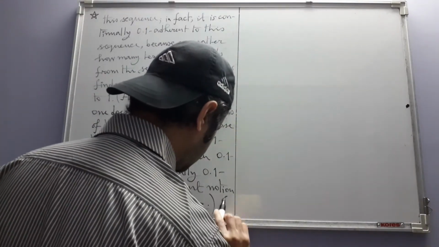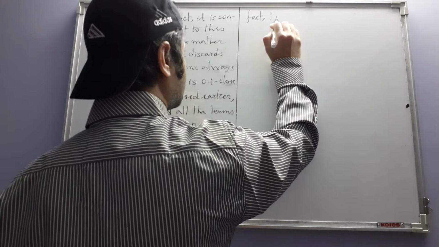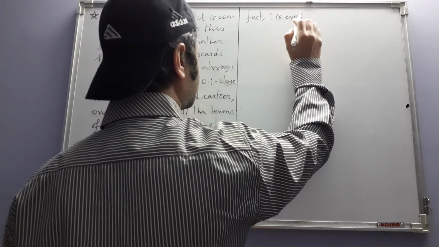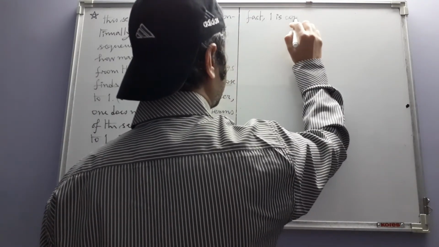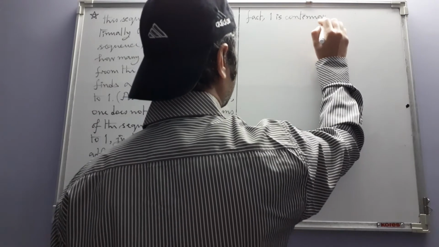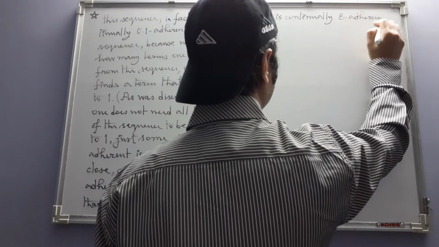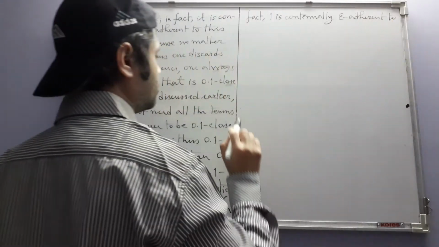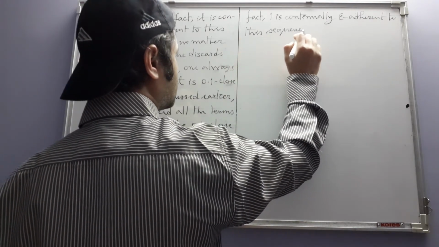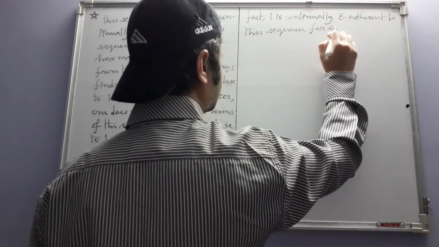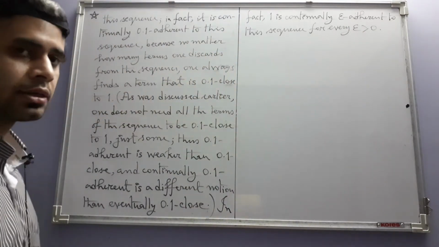In fact, oh, we don't have eventual here. One is continually epsilon adherent to this sequence for every epsilon greater than 0, and that's why 1 is in fact a limit point.